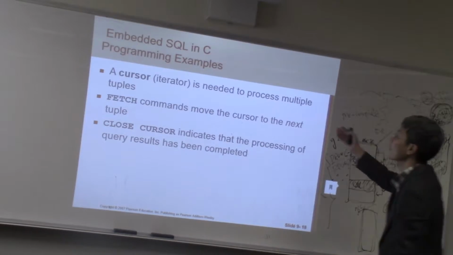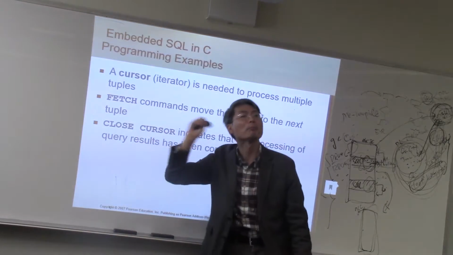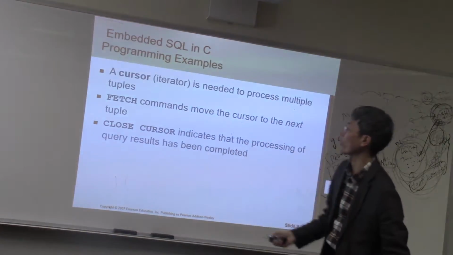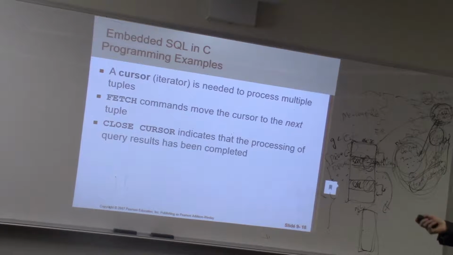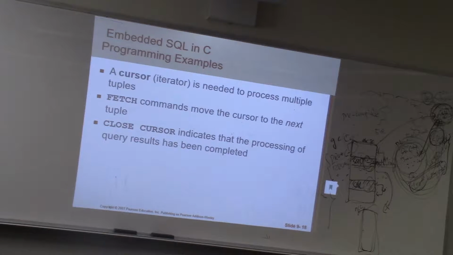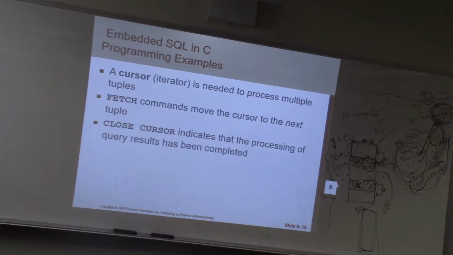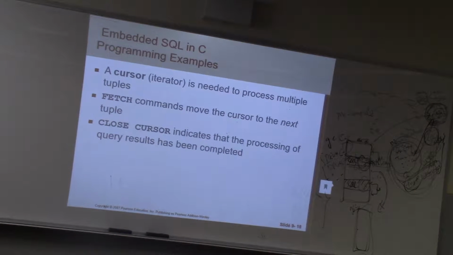Then from the cursor, we can fetch one by one from your host programming. Sometimes you may not use the cursor directly, which means the cursor is automatically created and automatically fetched. But sometimes you can explicitly define the cursor, then fetch the data.